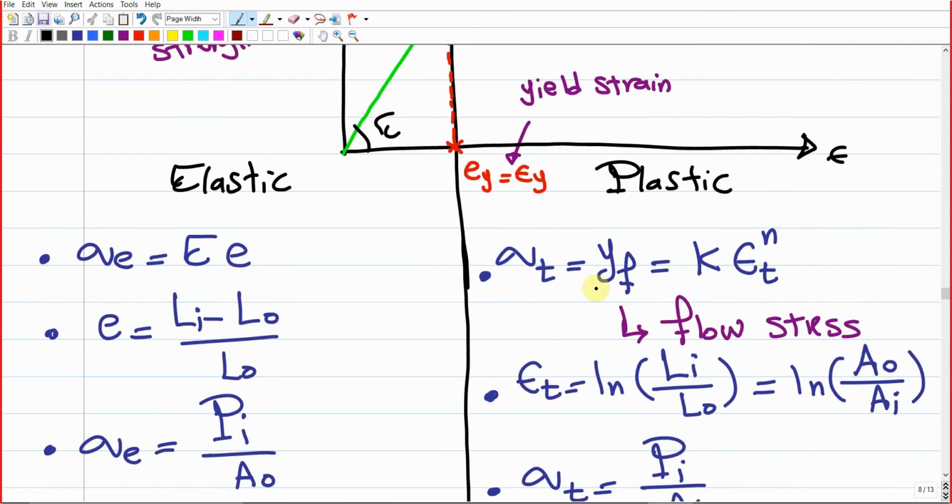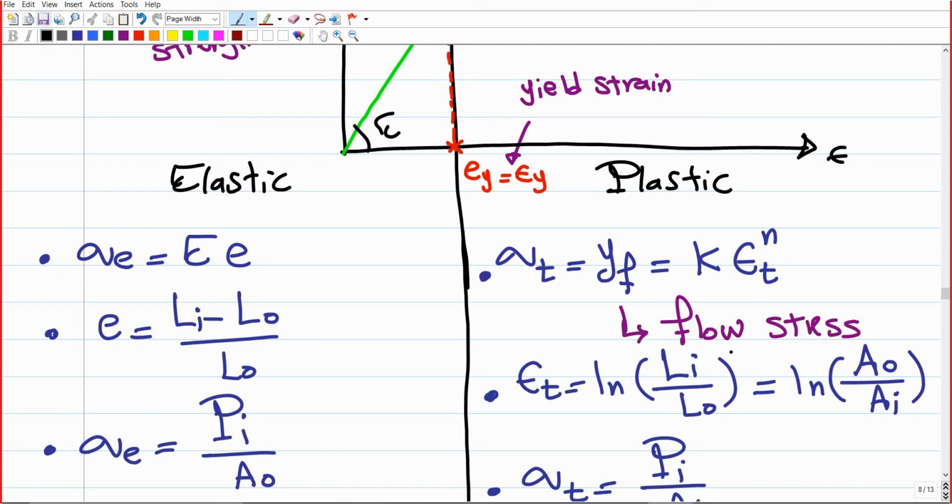The true stress, in this course, we're gonna call the flow stress. Why flow stress? The flow stress is the amount of stress needed to keep the material fluid. And this name makes more sense for the metal forming part, because in metal forming we are exposing the material to a very high force, so the material should flow between the die or the object that you push the material with.